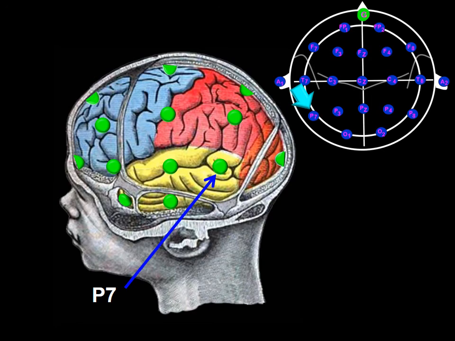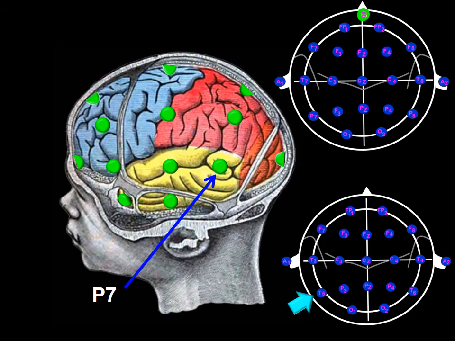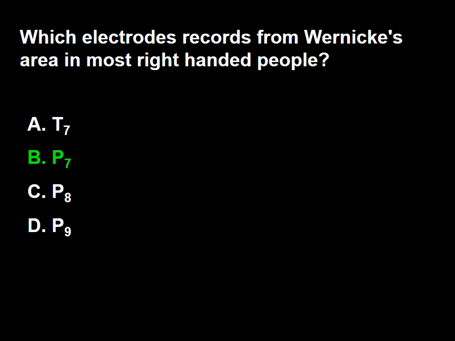Remember that in the pre-modified 10-20 system, P7 was called T5. So the answer to this question is B, P7.